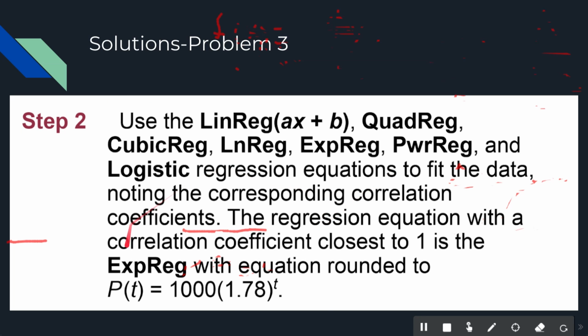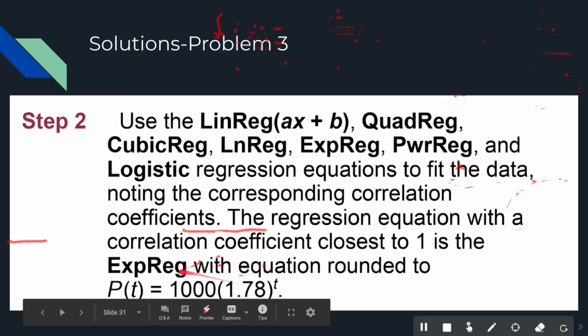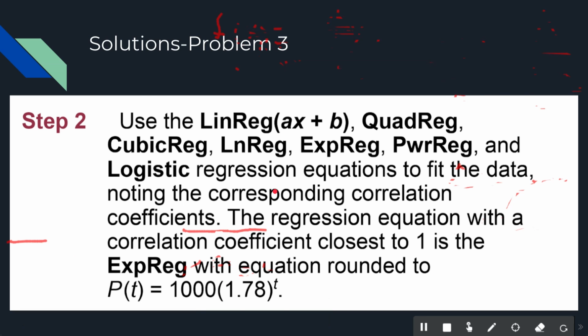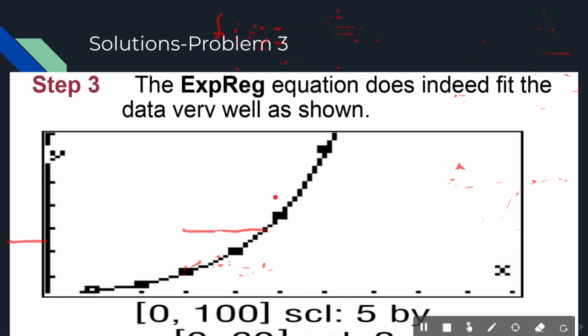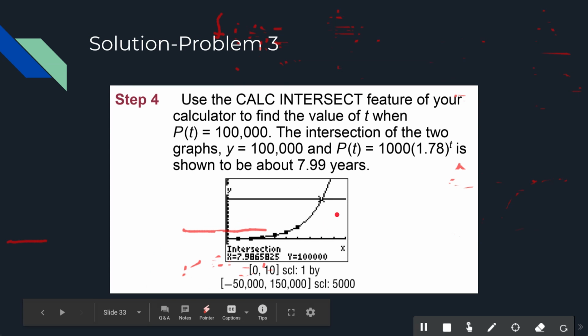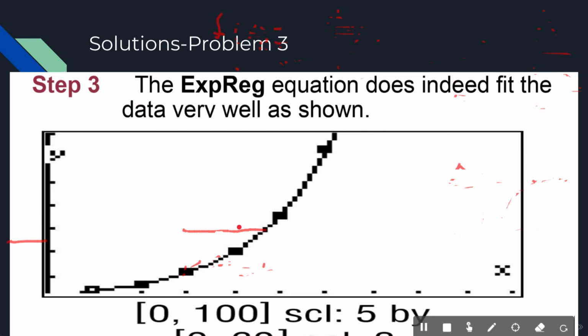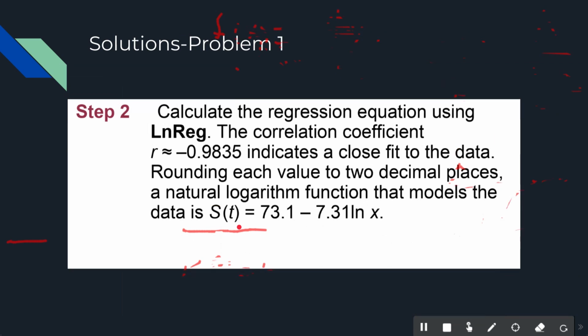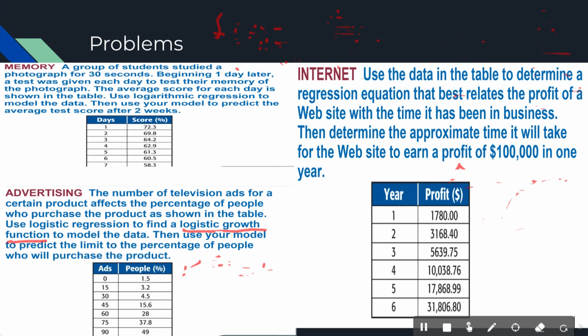So, after we get our coefficients from using exponential regression, we get 1,000 and 1.78. Now we can plug in our values, right? And this is our corresponding regression curve. It fits it very well. Now we use the calc intersect to find, oh, wait. Sorry, we're solving for time t.